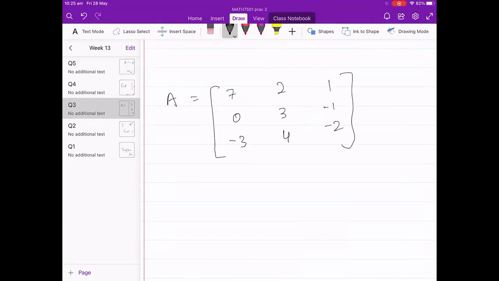How do you find the determinant of A? Which you can say that's also the notation. Any ideas? This is a 3 by 3 matrix. Which method would you be using?